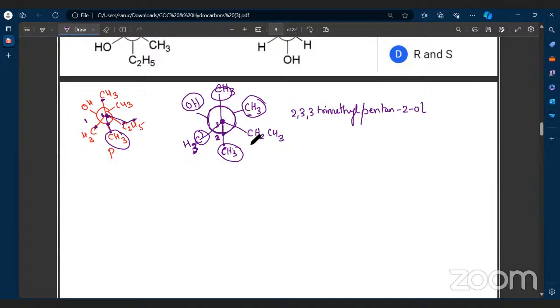I'll show you. Right? Carbon in the middle. You have a CH3. You have another CH3. And here you have H. So you have two same groups. Therefore, this carbon is not chiral. When you take the carbon which is surrounding, it is the carbon which is present at the back.